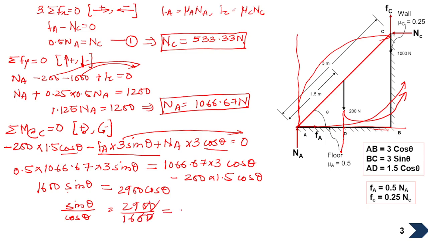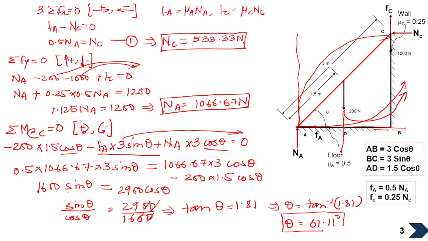Sine theta by cos theta will become tan theta, and 29 by 16 will give you the value as 1.81. If you solve this, you will get the value of theta as tan inverse 1.81. So the theta value will be 61.11 degrees. That's it.